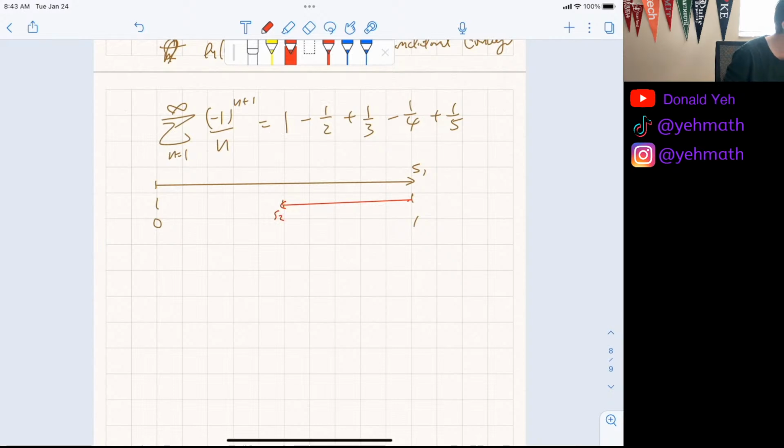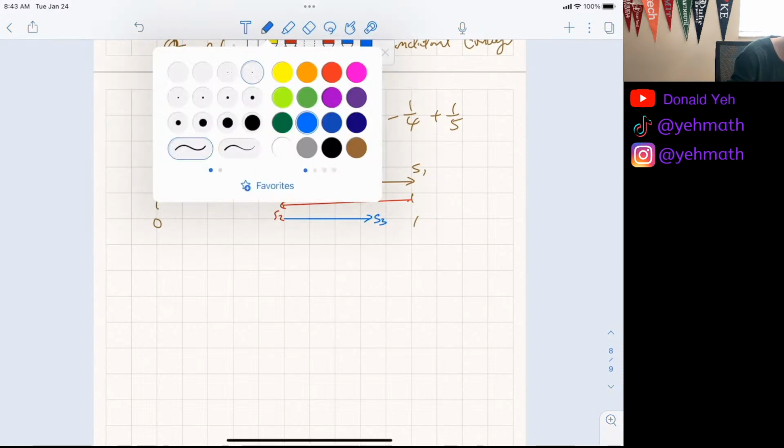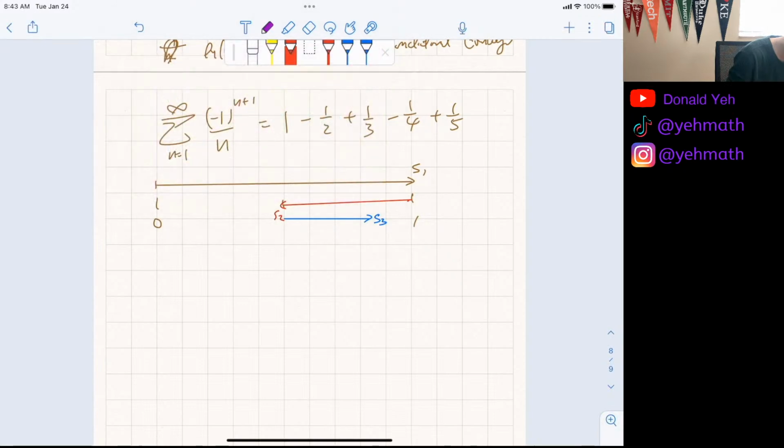That's going to be S2. Does that make sense? Then S3 is plus about 0.33, roughly right here, so this is S3. Hopefully it starts making sense. Then S4 subtracts 1/4, so 0.25. Do you see what I'm trying to get to? Using green, going from here to here, about 0.2.